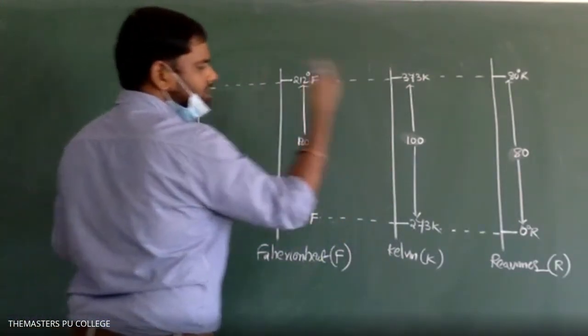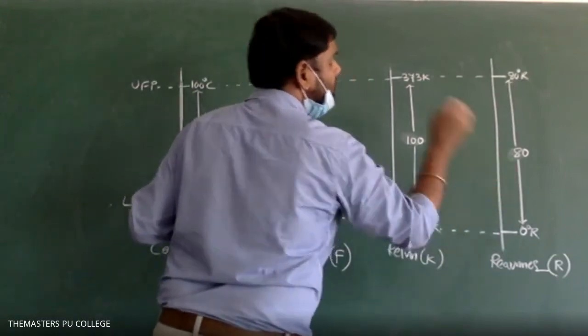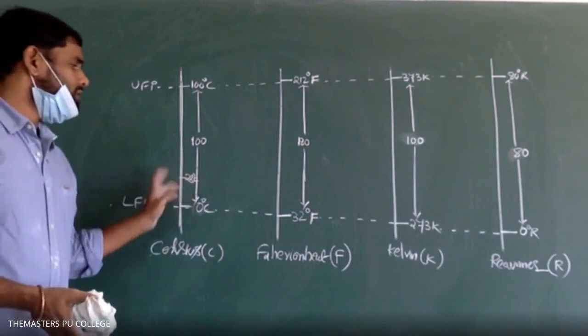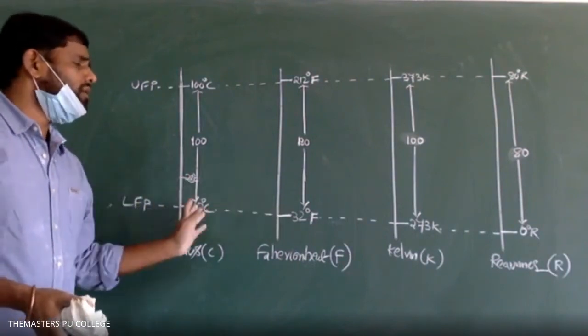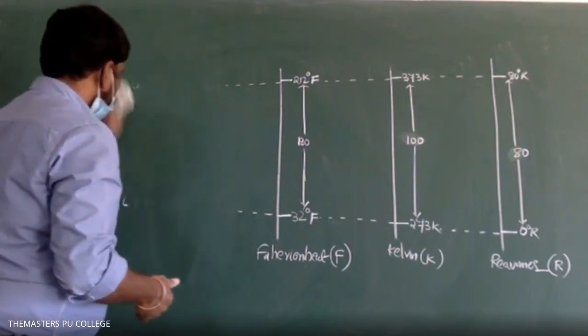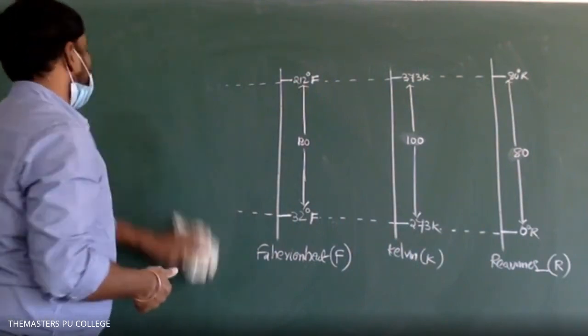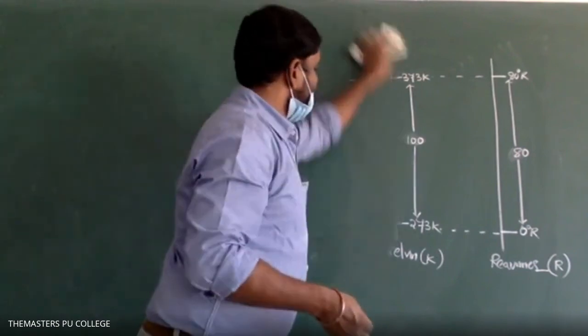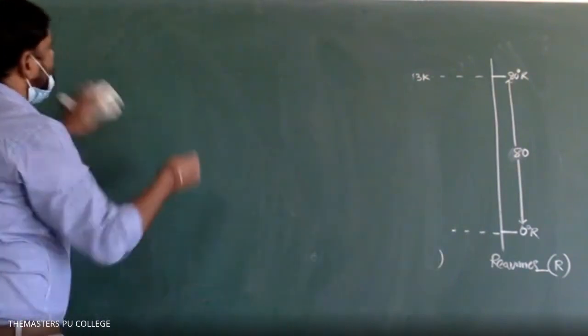How many Reaumur? How to transfer the temperature values from one scale to another scale? We need a formula to transfer the temperature from one scale to another scale.